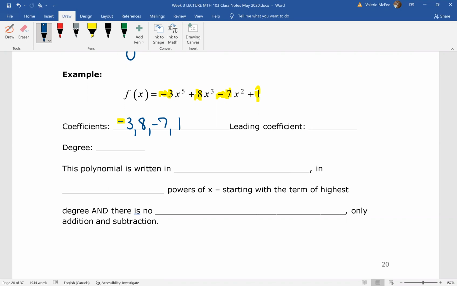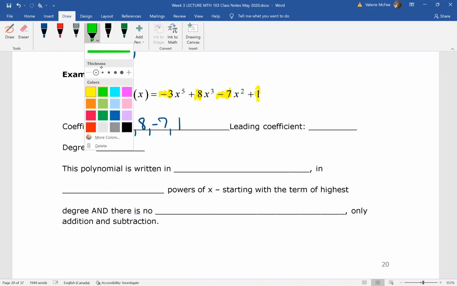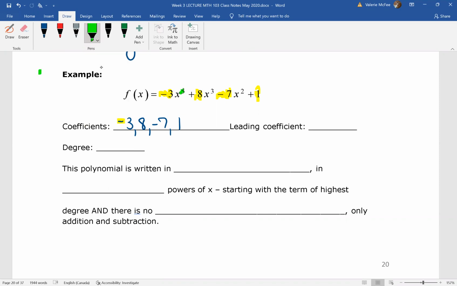The leading coefficient multiplies the highest power of x. I see that the highest power of x is 5, so that tells me that negative 3 is our leading coefficient. The degree is also the highest power, so in this case, 5.